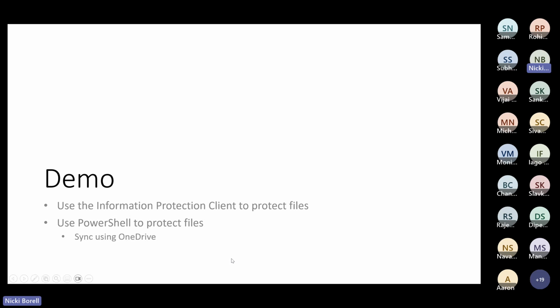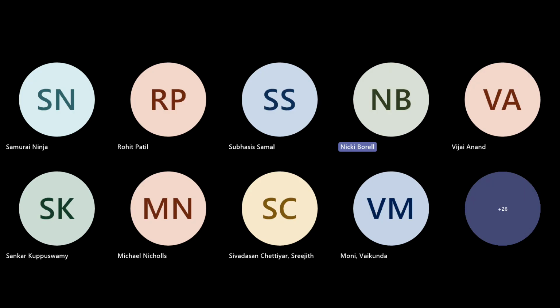First of all, let's start with the information protection client. To show you this demo, I'm just sharing my complete desktop. Let's first open the right location so that we can directly dig into the demo. So, and then just sharing my screen.